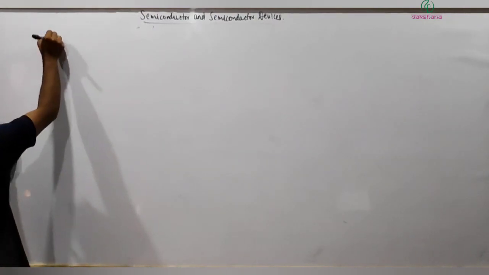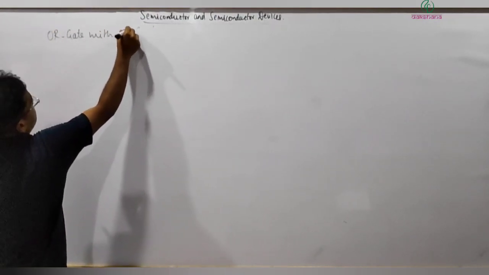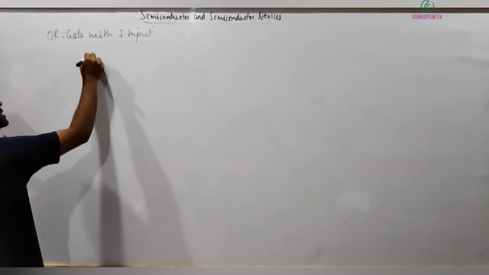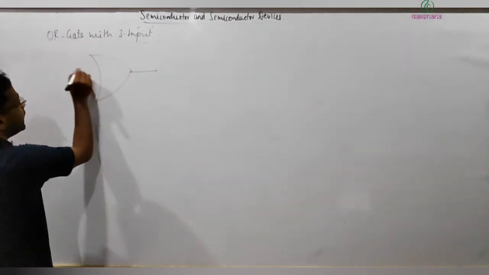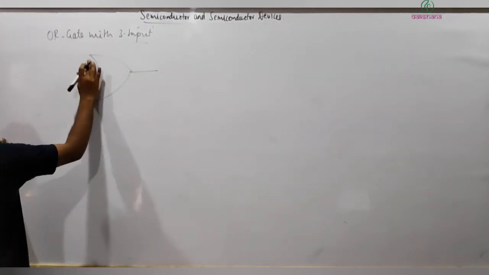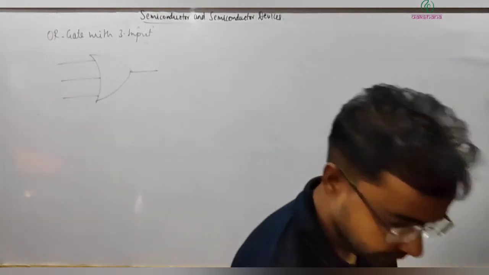So see, an OR gate with three inputs. In this case, what will happen? This is your OR gate and the inputs are three here. Let me change the marker.